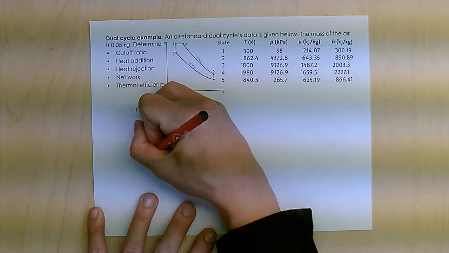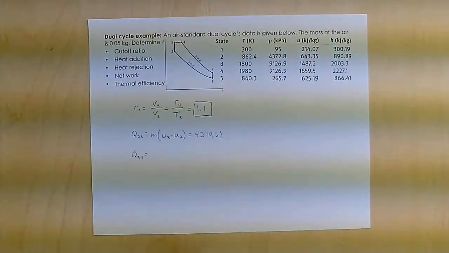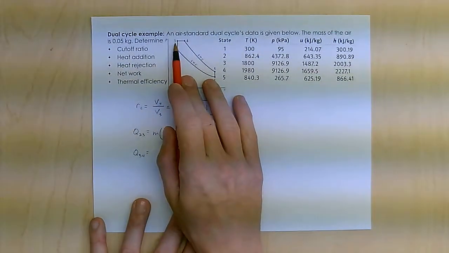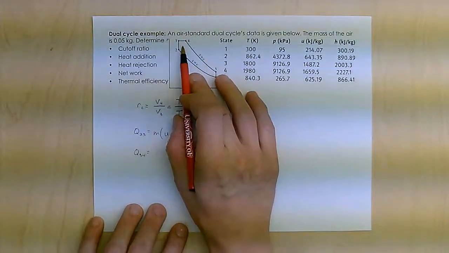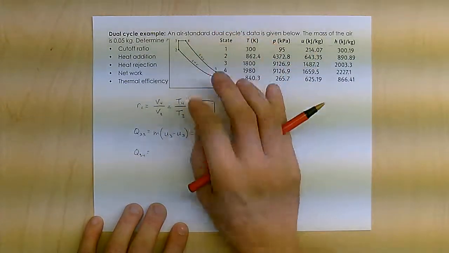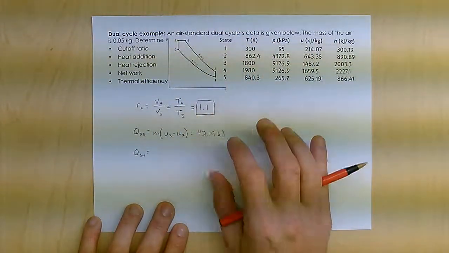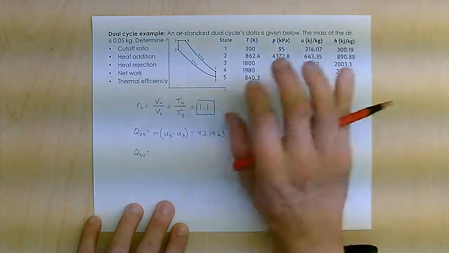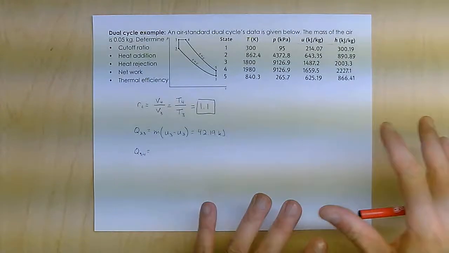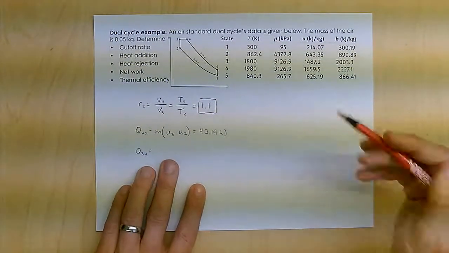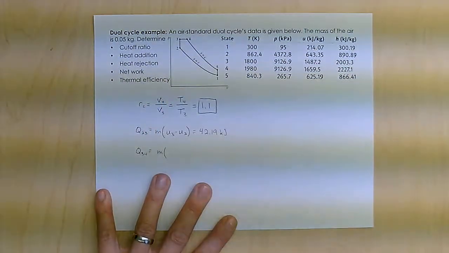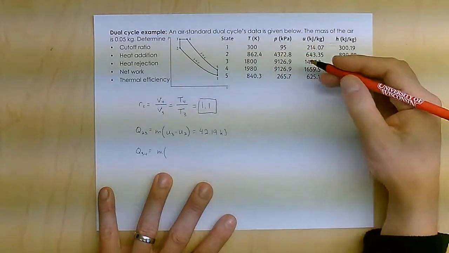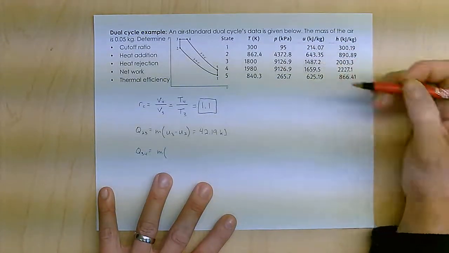The other heat addition is 3 to 4. And again, with 3 to 4 at constant pressure, that means I do have some work. I have PdV, right, for my work. And now I do have a change in volume times a constant pressure, right? So to find my Q, it's that work as well as the change in U. So PdV and dU, well, that's the change in U plus PV, which is the change in H. So I can find Q3 to 4 as just H4 minus H3.